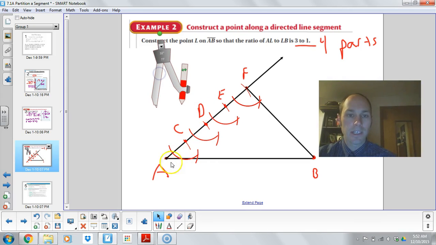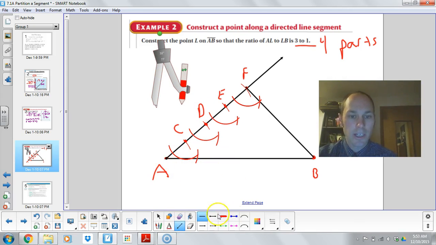Now once I have all those intersections, I'll get my straight edge out again. I'm going to connect from point E through that intersection all the way down. Same with D through the intersection all the way down. And same with point C through my intersection all the way down.